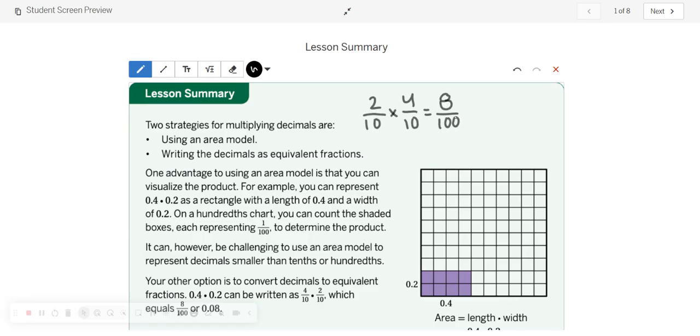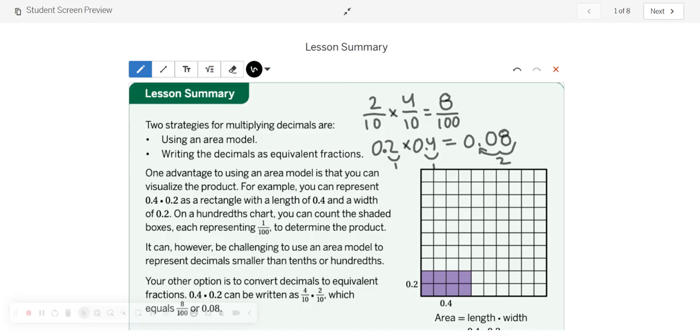So as a decimal, 0.2, which is 2/10, times 0.4, which is 4/10, equals 0.08, 8 hundredths. That's really important: there's one decimal place here, one decimal place here. There has to be 2 in the answer. 1 plus 1 is 2, and there's 2 over there.